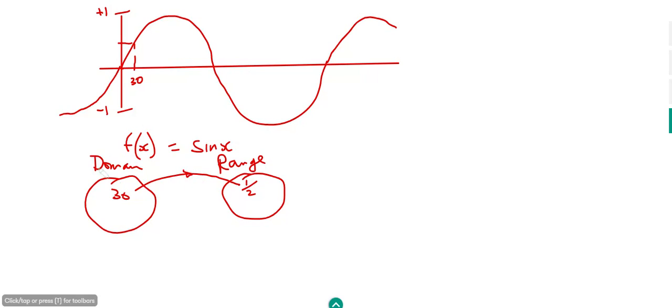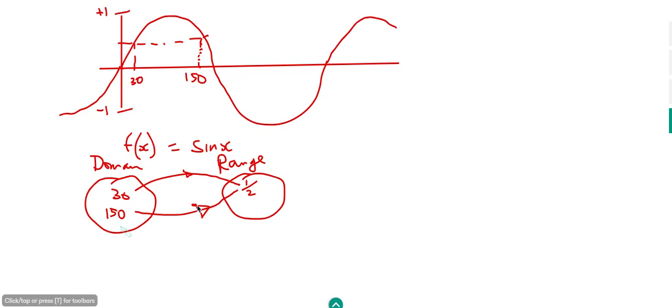So if we apply sine x, put 30 degrees into our calculator, set on degrees mode, we'll get half as the answer. But the problem is that if we put in 150, because of the repeated nature of the graph, we'll also get half. That would also take us to there.